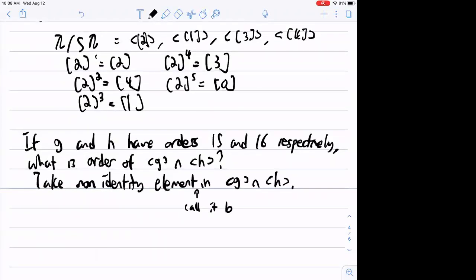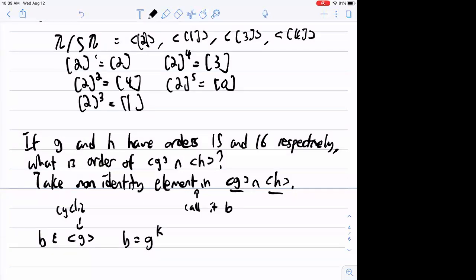So B is in both, because it's in the intersection. Now this group is cyclic; by definition it's generated by G. So B is G to some power K. So what does the proposition tell us?